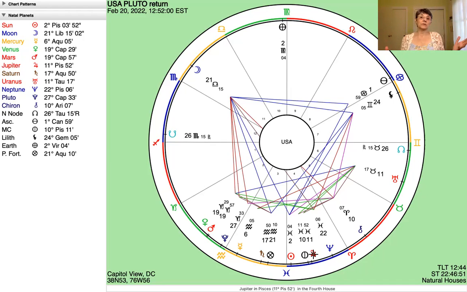So what happens when the ruler of the first house is squaring the ascendant? Well, it's a turn of direction, right? The country will turn away from the identity that it had until now, and it will go against the traditions, against the origins.